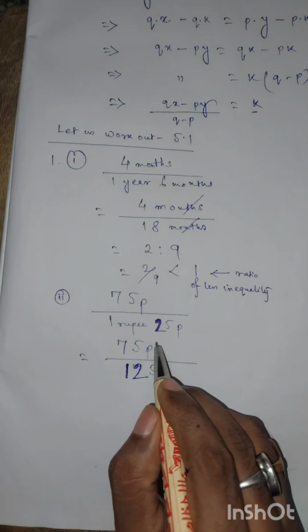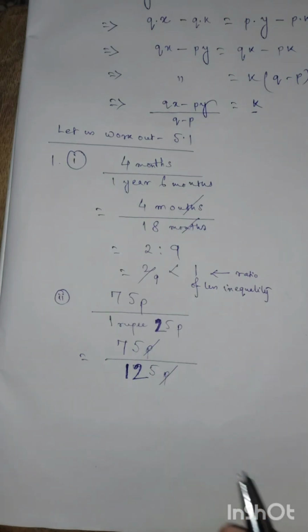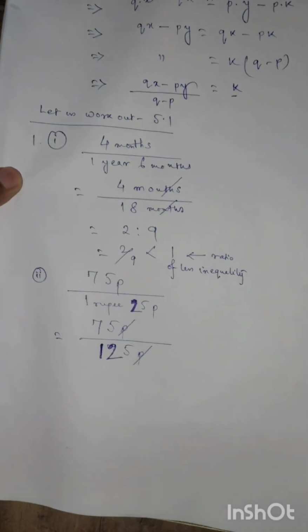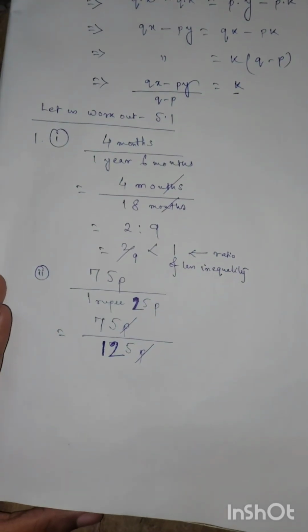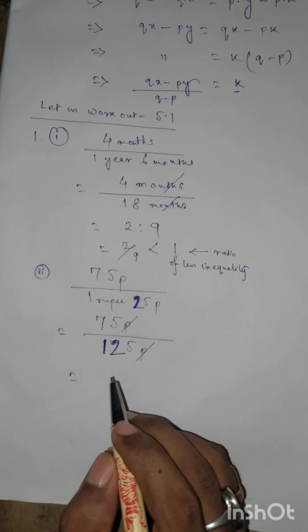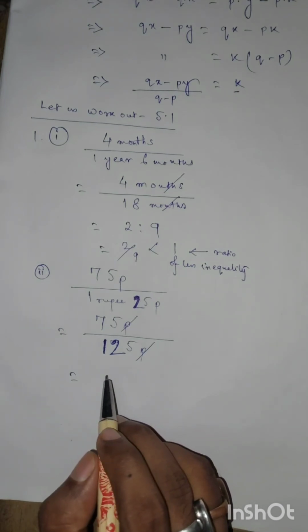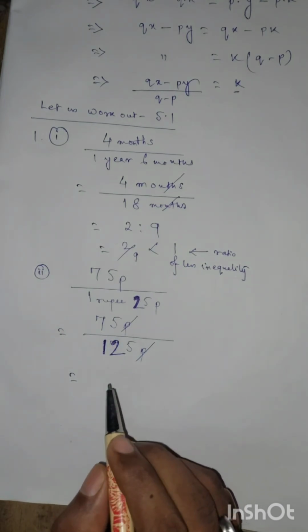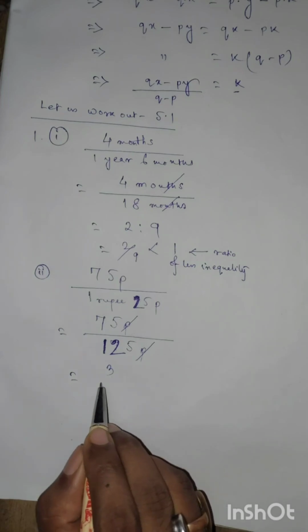So paise and paise can be cancelled. If we cancel the numerator and denominator by 25, we are getting 3 by 5.